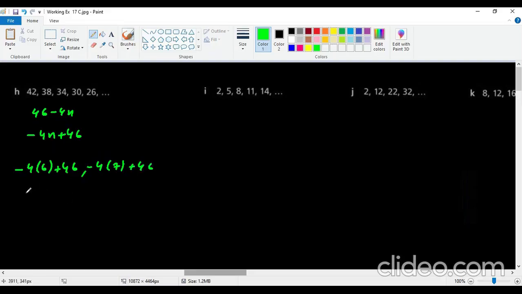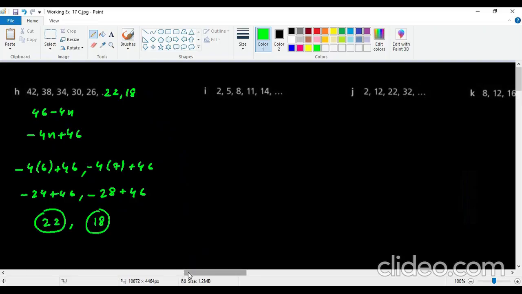This gives us negative 24 plus 46 and negative 28 plus 46. So this question gives us 22 and 18. These are the two terms to be fitted over here.